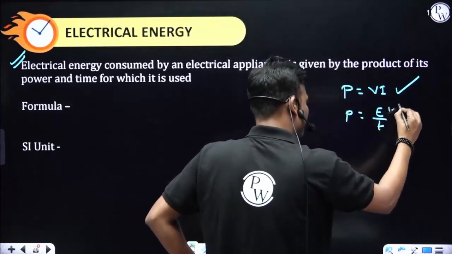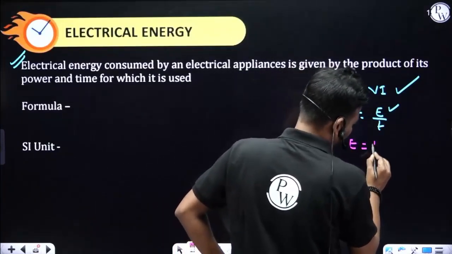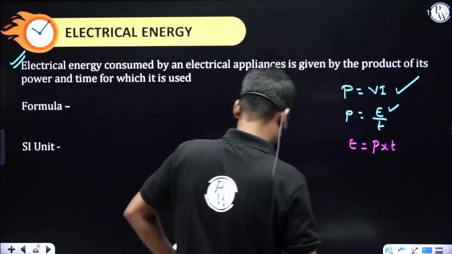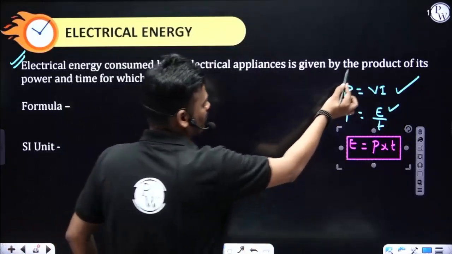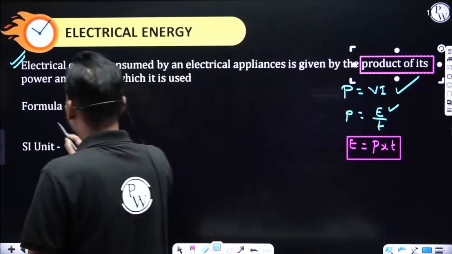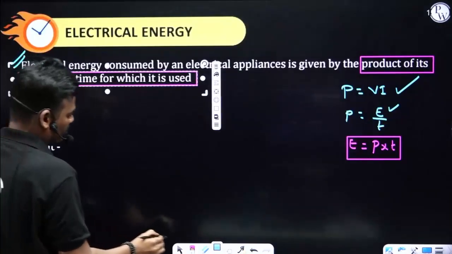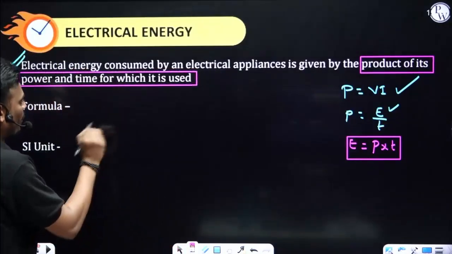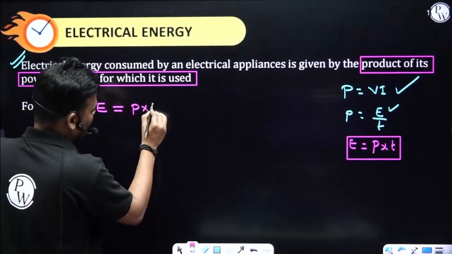But here I want electrical energy. Just rearrange this equation: E equals P into T. That's what they are saying, the product of power and the time for which it is used. So electrical energy is equal to power into time.